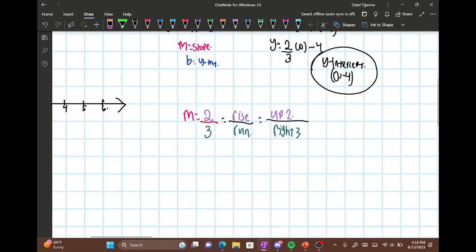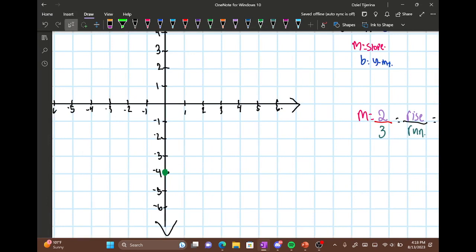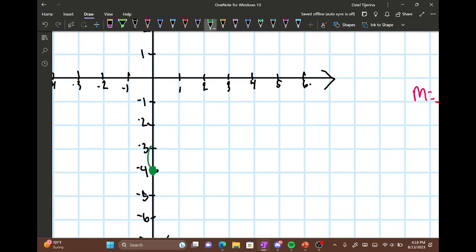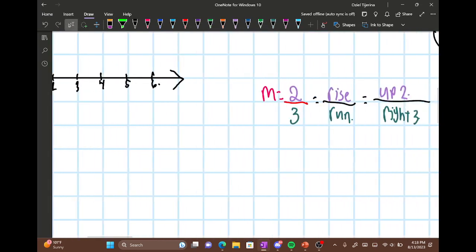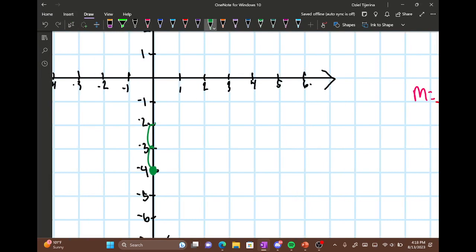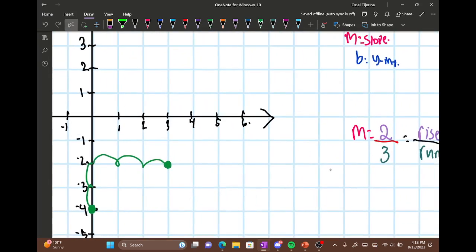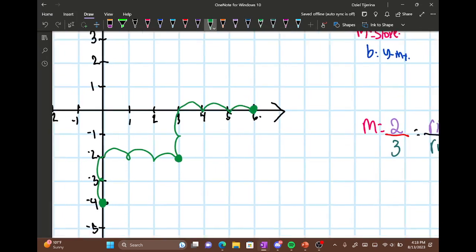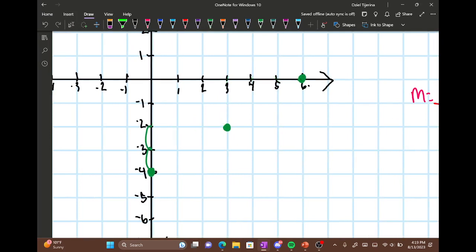From the y-intercept, we're going to go up 2, 1, 2, and to the right 3 units, 1, 2, 3, and our first point will be right here. We're just going to keep doing that: 1, 2, 1, 2, 3. It's going to be right here. And obviously we can't go any further on the right side in terms of the graph.